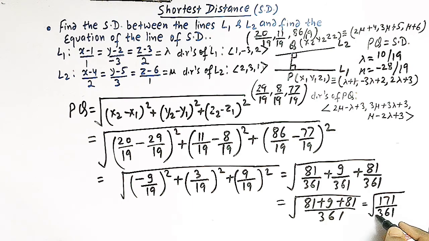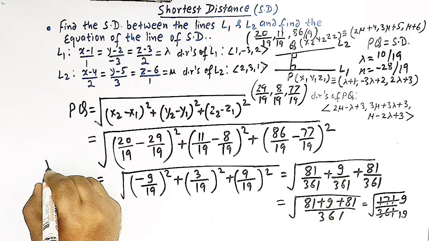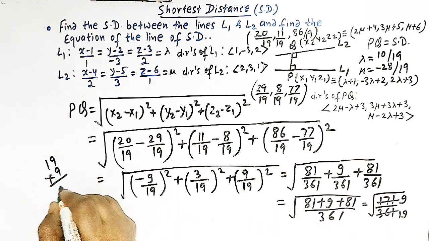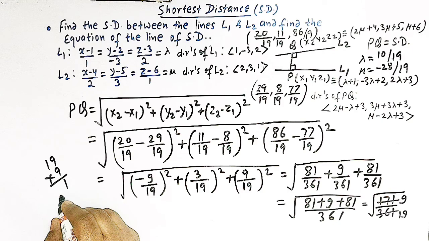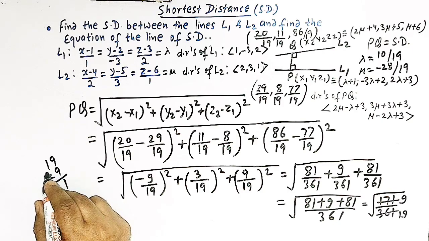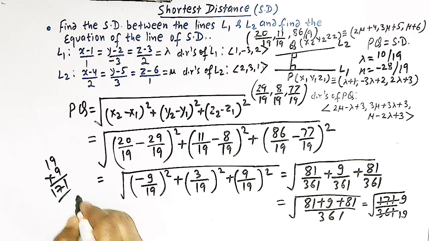So here we have 19 times 19 is 361, and 19 times here we can have 9, right? Because 19 times 9 is 9 times 9 is 81, and 9 times 1 is 9, plus 81 is 171, right?